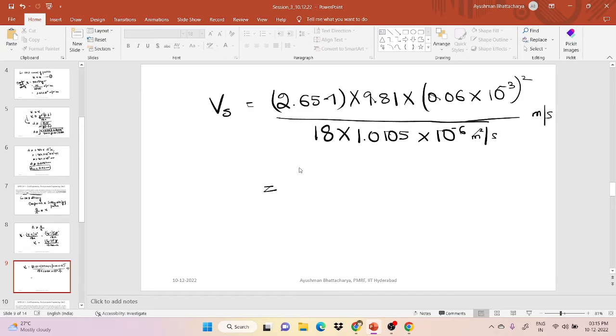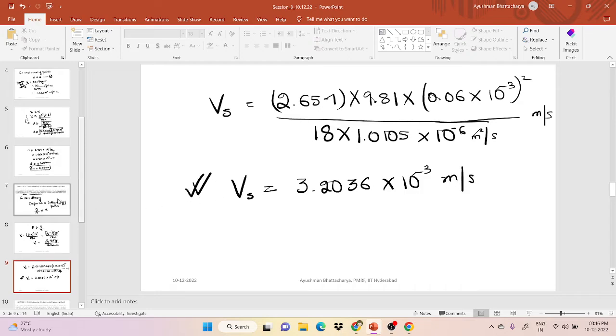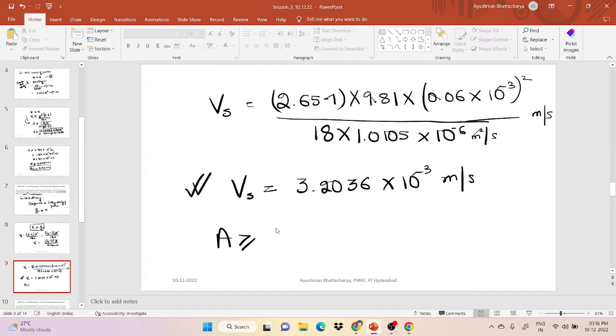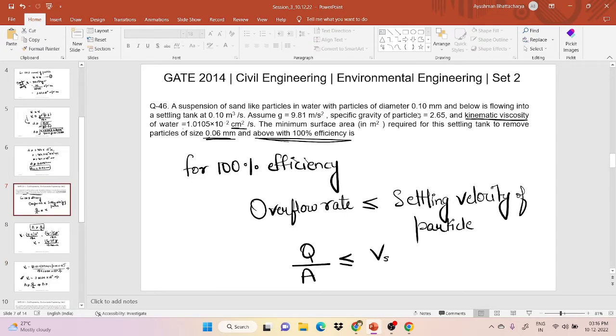After calculating, the Vs value comes out to be 3.2036 into 10 to the minus 3 meter per second. This is the settling velocity, but we have to calculate the minimum surface area. For that we use this equation: A is greater than or equal to Q upon Vs. The value of Q in the question is given as 0.1 meter cube per second.